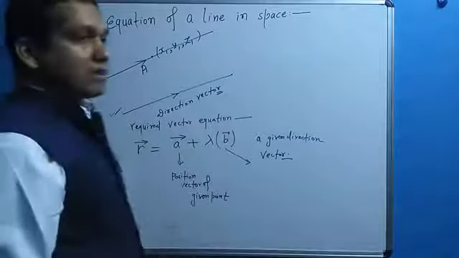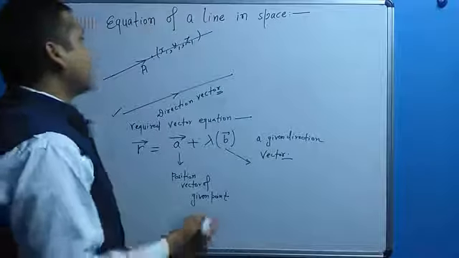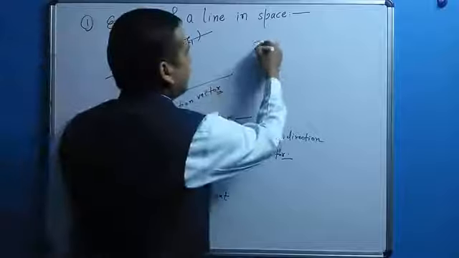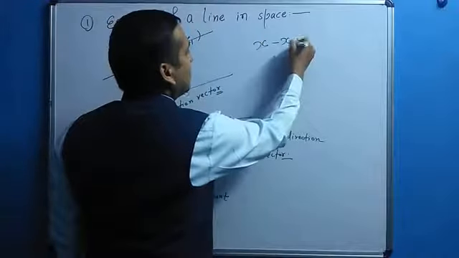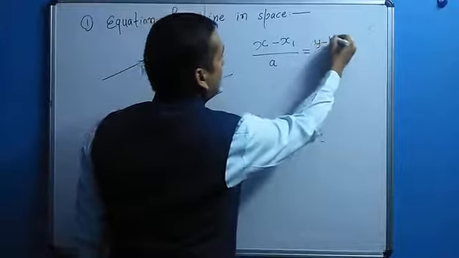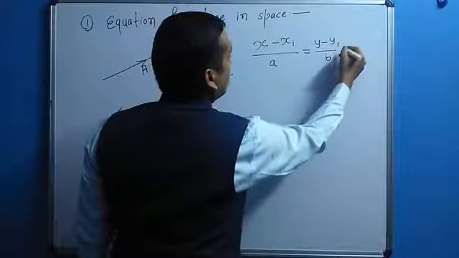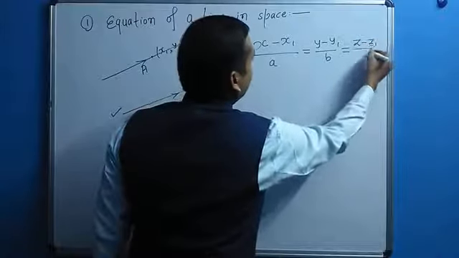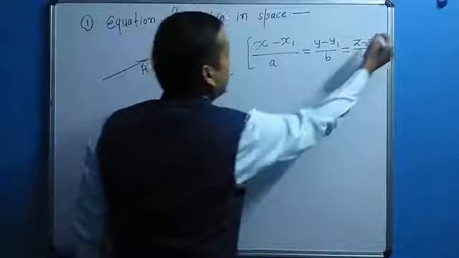Now we need to discuss how to determine the Cartesian equation of a line in space. It can be determined as (x minus x1) over a equals (y minus y1) over b equals (z minus z1) over c.